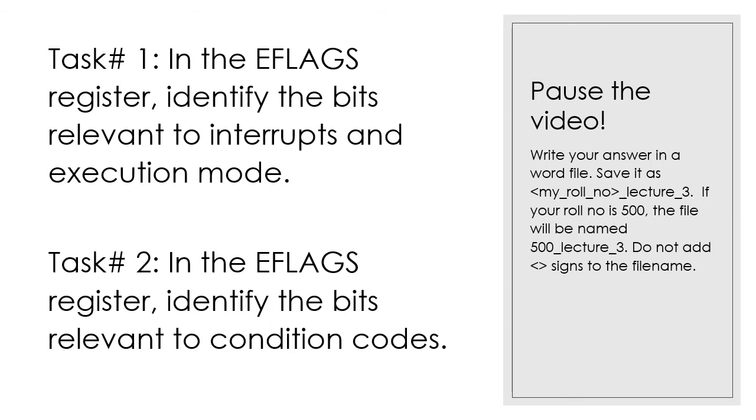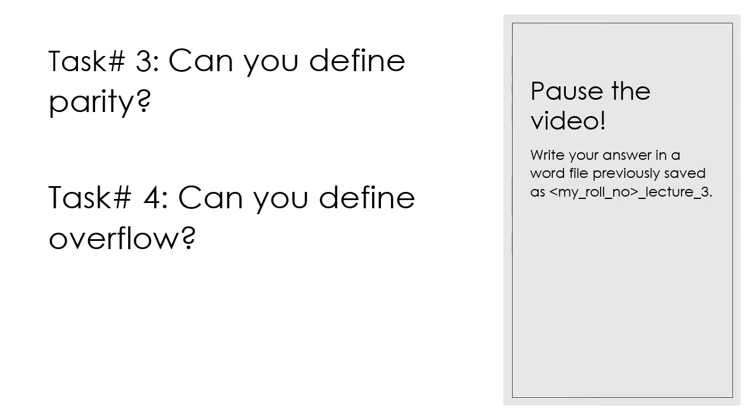Task number 2. In the EFLAGS register, identify the bits relevant to condition codes. You may use the book; I have already shared its link in Google Classroom. A few more questions for you. Can you define parity? Can you define overflow?